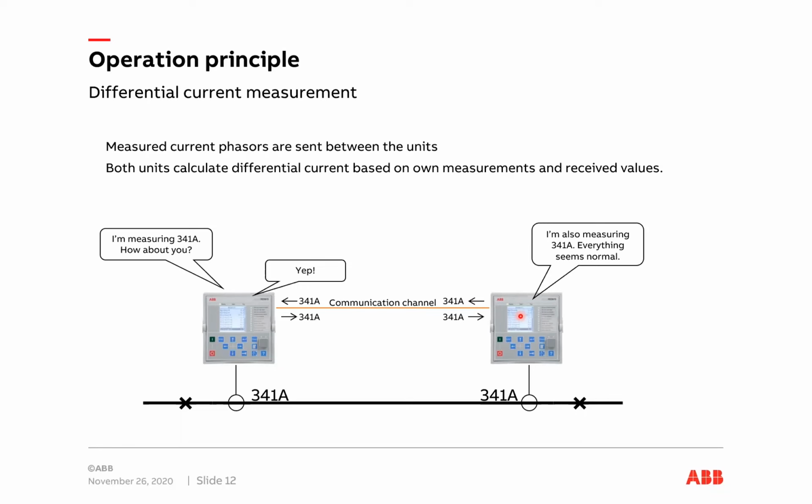And since the other relay is also measuring its own current, it can calculate the differential current, the difference between the received and the measured current. So if the received and the measured current is the same, well, then everything is normal and we don't have any fault on the line inside the protected zone.